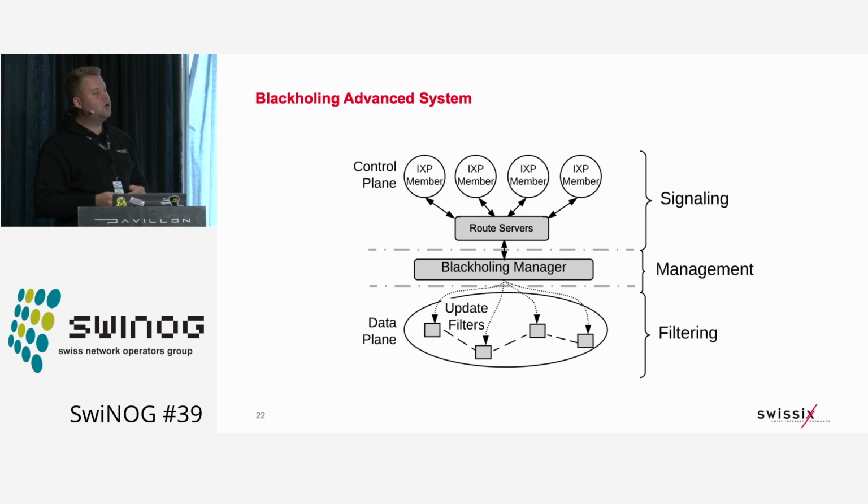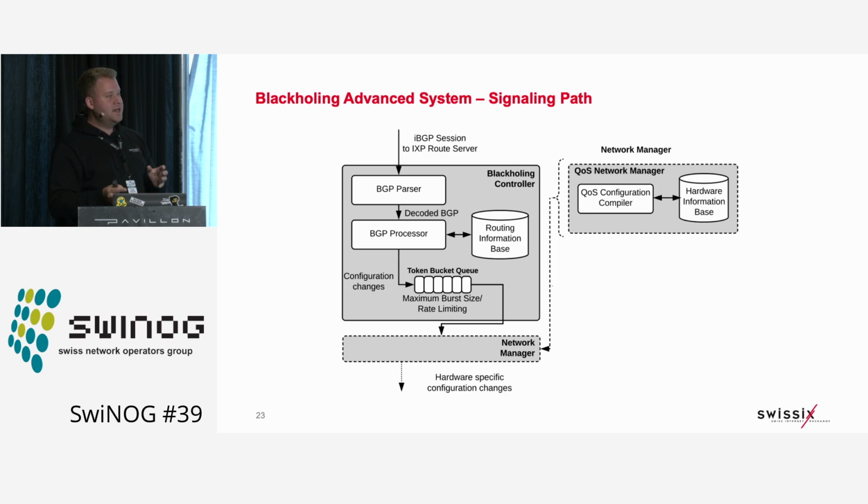And how does that blackholing manager look like? Here, we zoom in a bit more to try to understand how it works. At the very beginning, it starts with an iBGP session from ExaBGP monitoring hosts towards the route servers. And through that way, the ExaBGP monitoring host is receiving the BGP updates from the specific members.